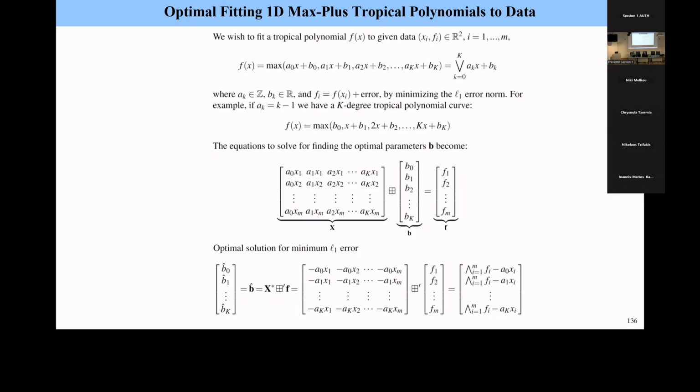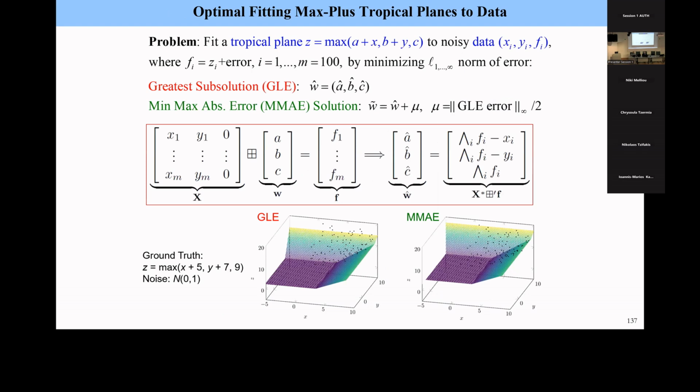How about moving to higher dimensions? Again, same ideas. Let's start from a plane, a tropical plane. Suppose we are given data in 3D, data x, y, with values fi, and we want to approximate them with a tropical plane z instead of a linear plane, a linear surface z.